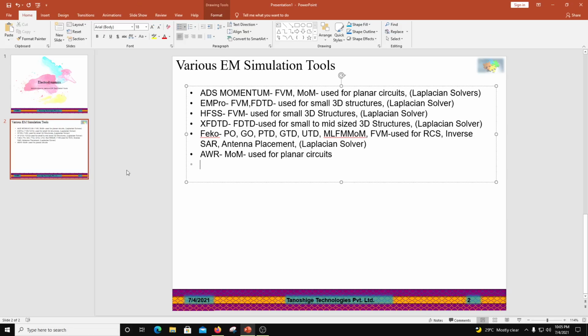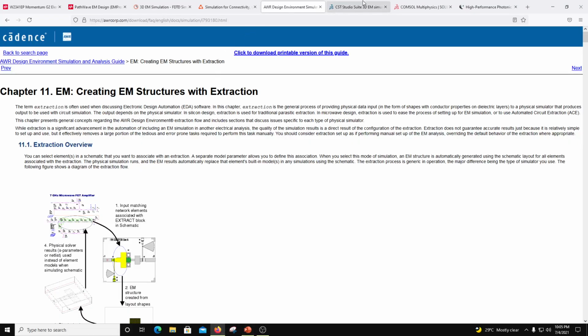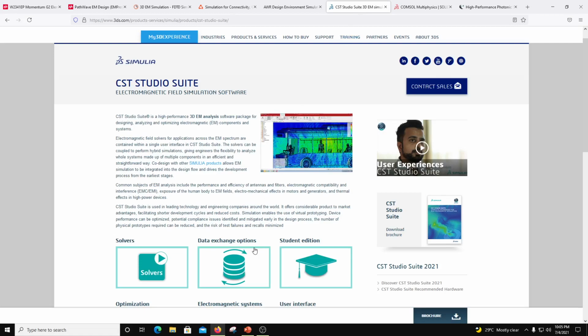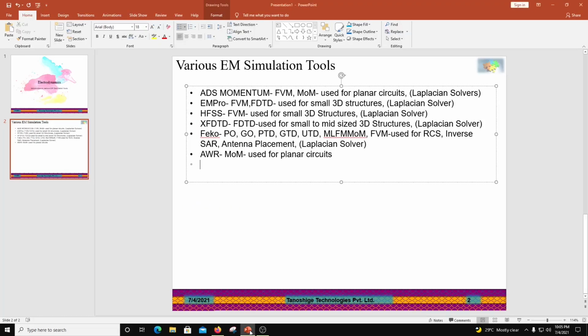Now the next one I'm going to summarize is CST Studio. This has both FVM and FDTD. It is used for small 3D structures.